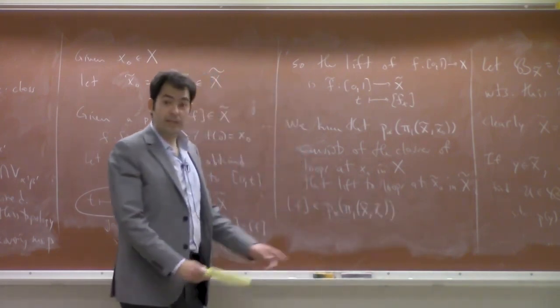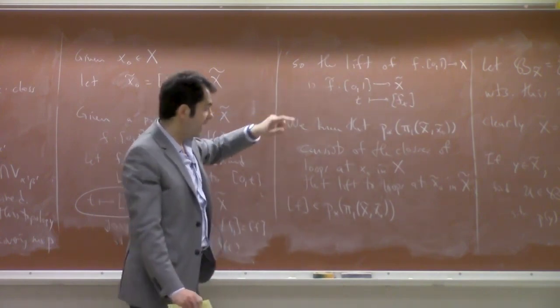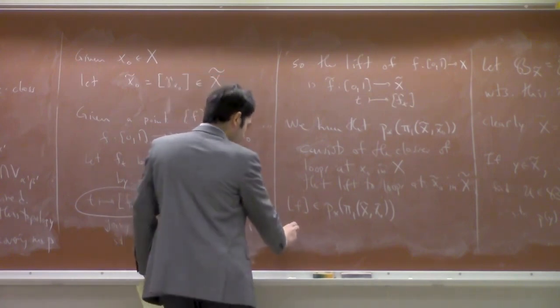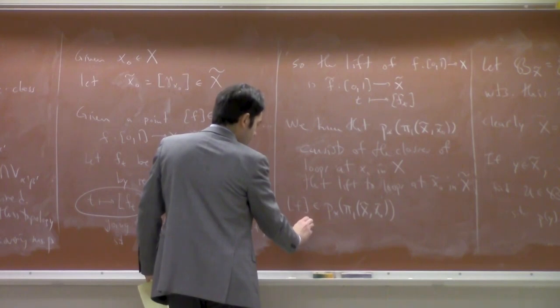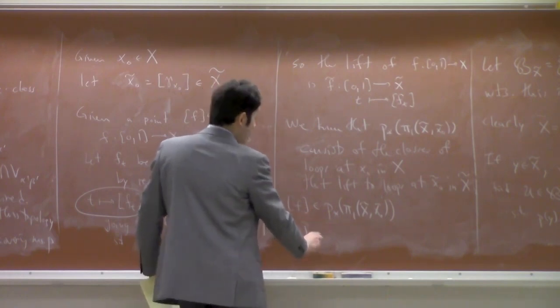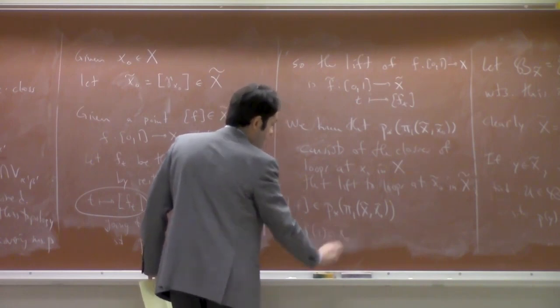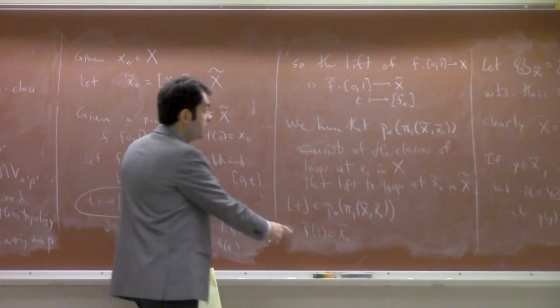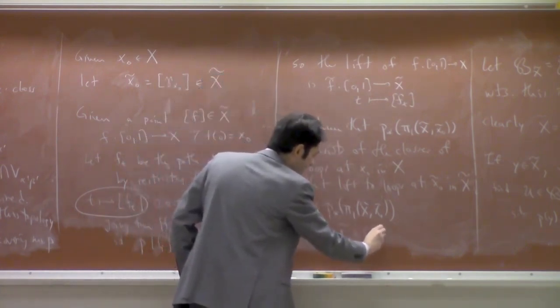Right? That means when I lift it to a path, I end at X naught tilde. This implies that f tilde of 1 is equal to X naught tilde. But f tilde of 1, according to this, is precisely the class of f.